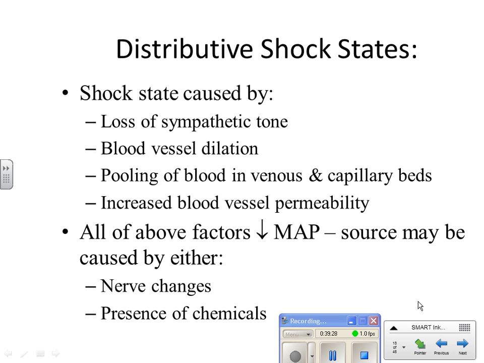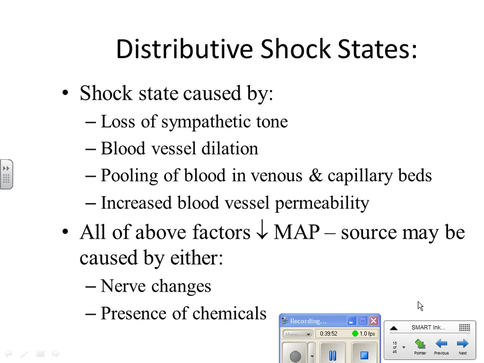Okay, the next type of shock that we're going to talk about is distributive shock. And there's 3 different types of distributive shock that we're going to talk about: neurogenic, septic, and anaphylactic. So in one type of distributive shock, we have a loss of sympathetic tone.